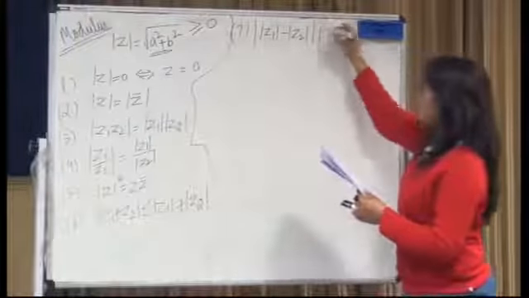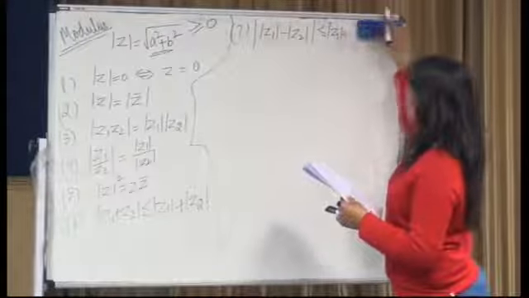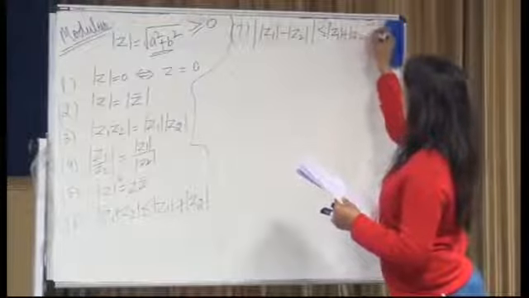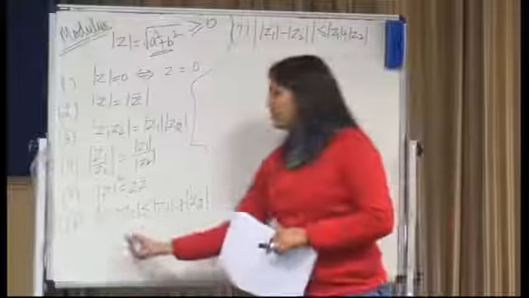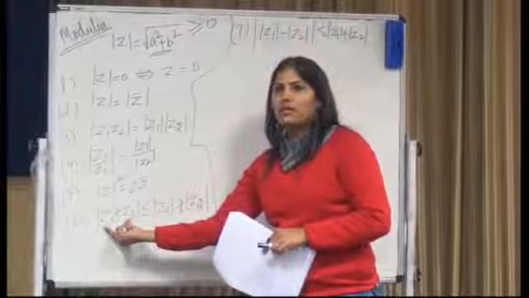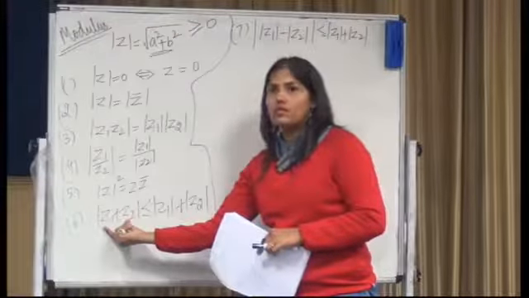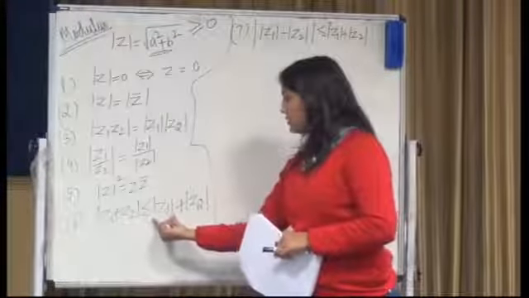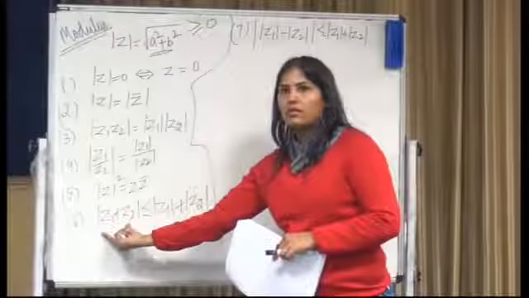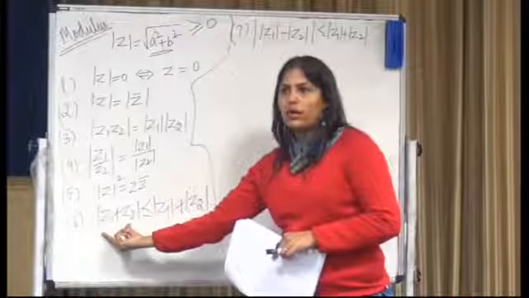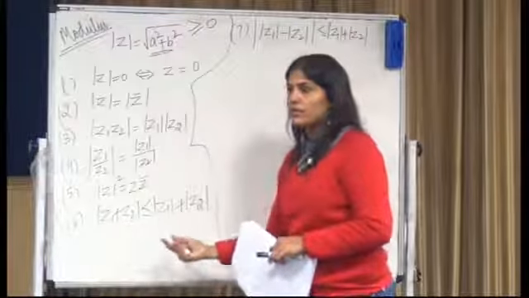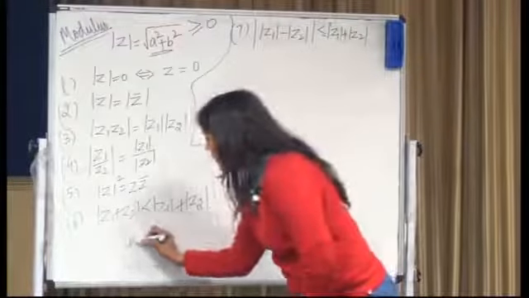This is a rare one, which I am writing, but for your learning, this is the triangle inequality. The sum of two sides is always greater than the third one; then only can we draw a triangle. So this has a special name, triangle inequality.